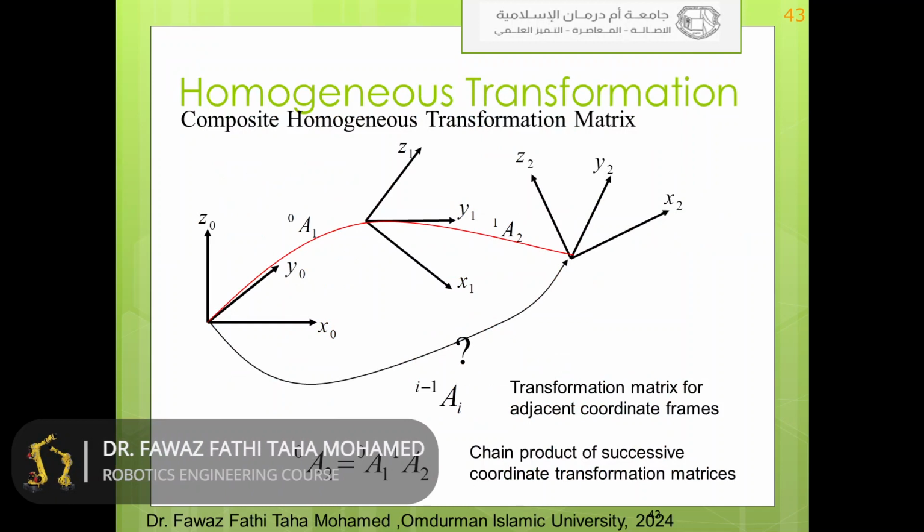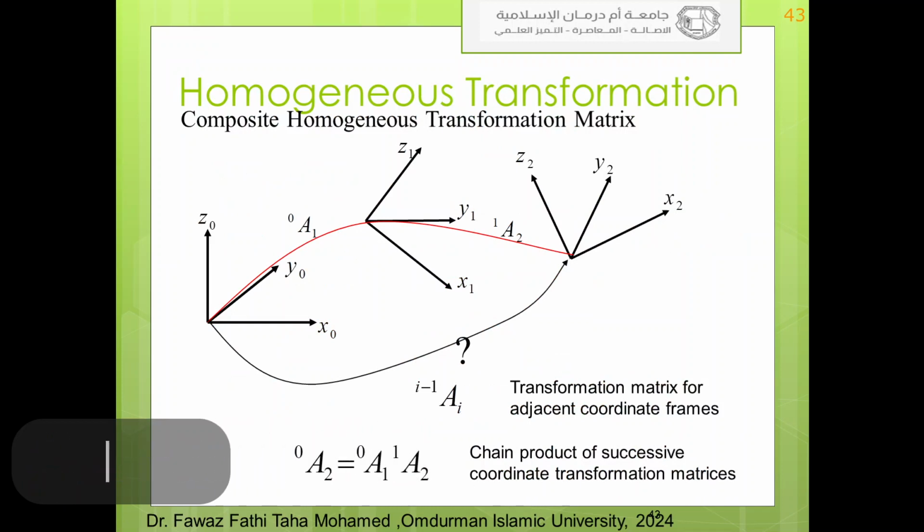So here we have the common rotation: the rotation of the next frame about the old or current frame. Okay, this is the common case, the composite homogeneous transformation. We just multiply, post multiplication.